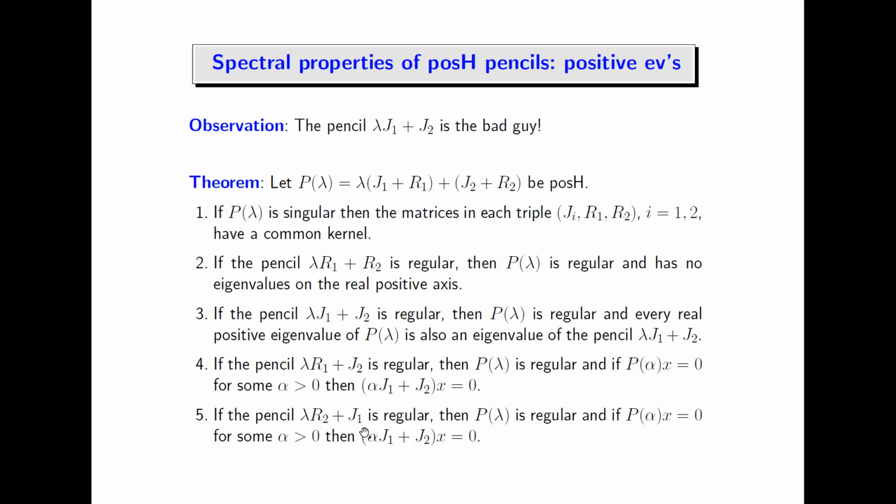In the other cases, it's again this pencil that makes it difficult, or that causes the problems. So if we have a real positive eigenvalue, then this is also an eigenvalue of this pencil, or the pencil may also be singular. Okay, so we see that everything goes back to this underlying skew Hermitian pencil.